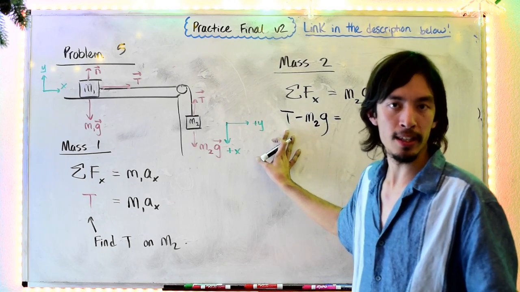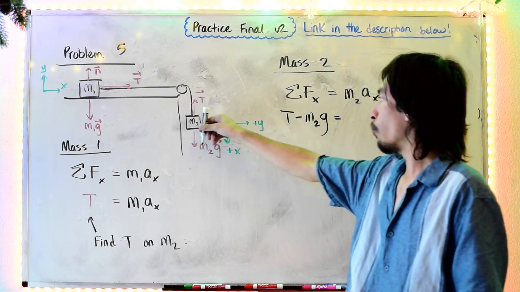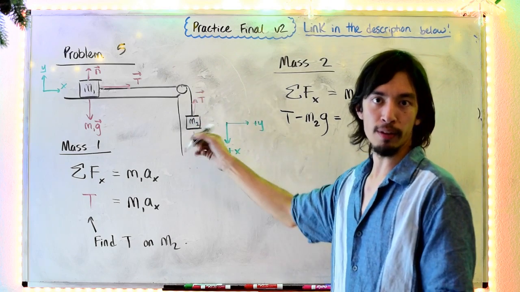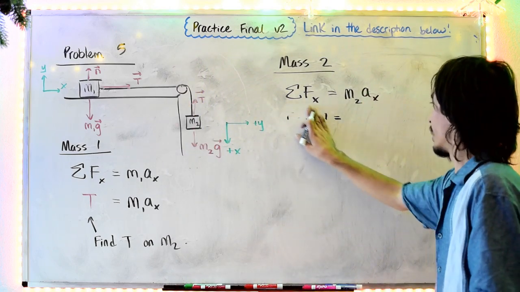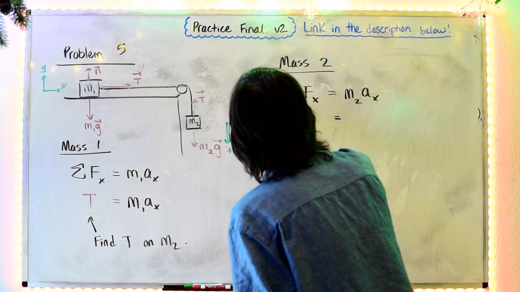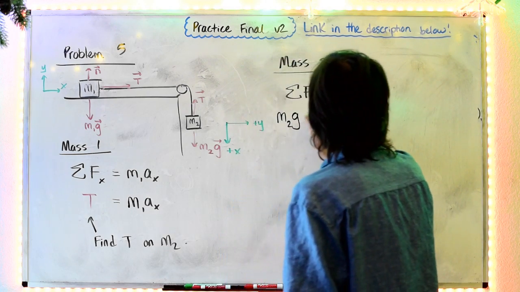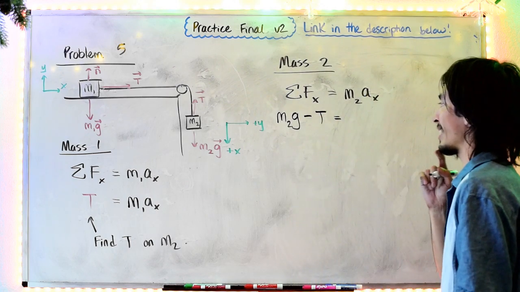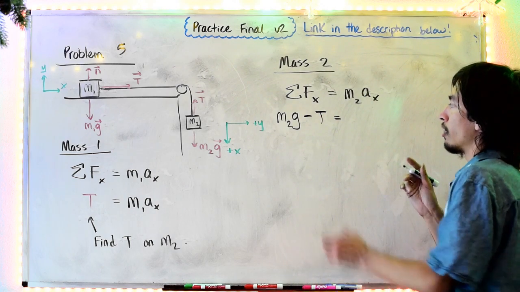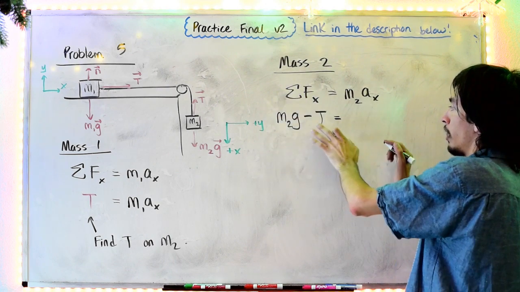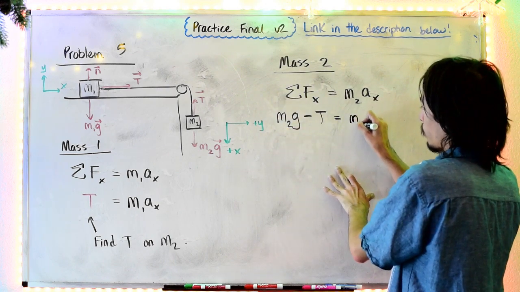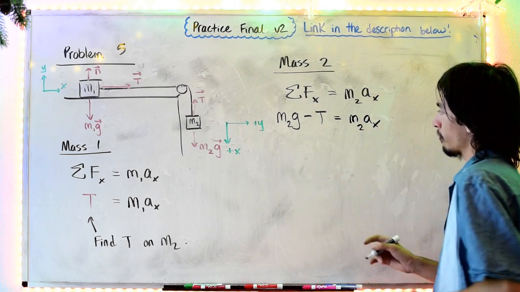That's going to get the wrong answer, because it's actually weight going down, which is positive, and the tension going up, which is negative in this coordinate system. So you have to write the weight positive, m2g, and then the tension negative, so minus T. So that will be the most common mistake, again, in this problem. Be aware of that. Equal to the right-hand side, so leave that alone.